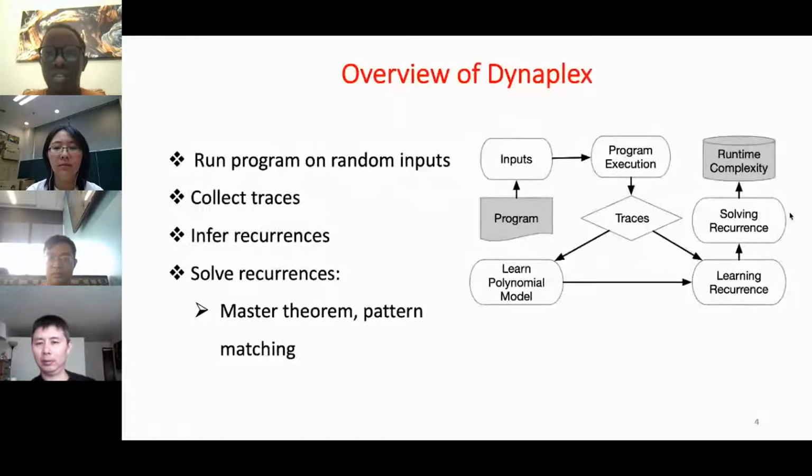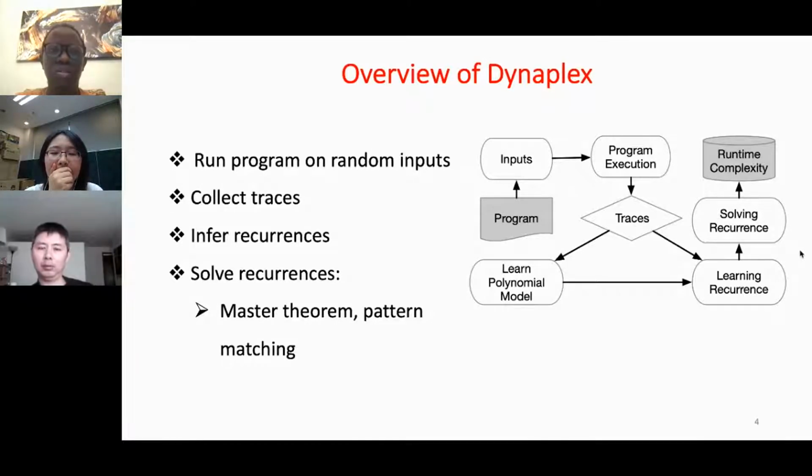Dynaplex analyzes a program by instrumenting it to collect traces, and running the program to produce those traces. We run programs on randomly generated inputs. And from those traces, we can infer recurrences and solve them using pattern matching techniques such as the master theorem.